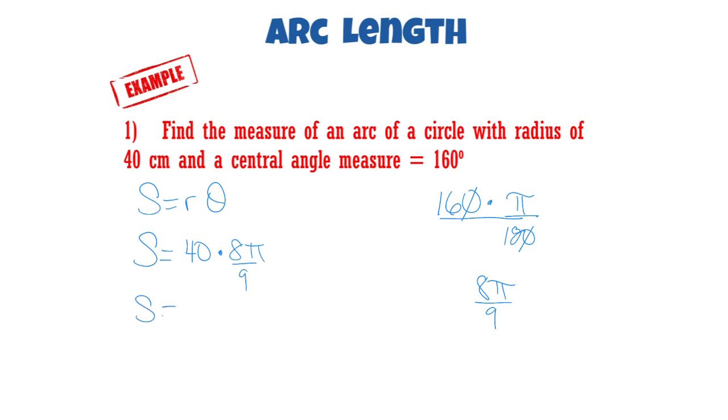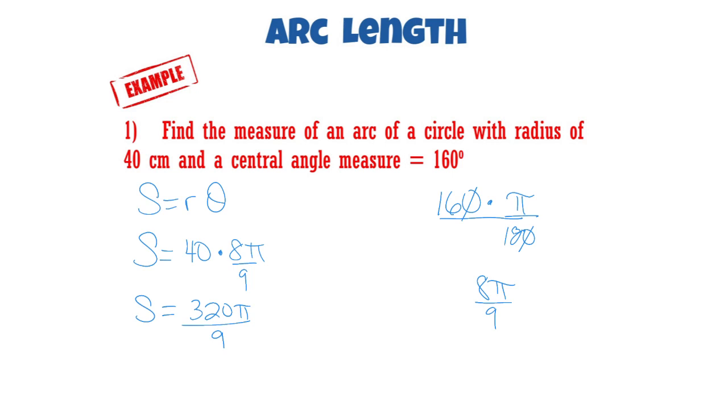Now, you'll have to pay attention to your directions. If they want you to leave it exact, then that's going to end up being 320 pi over 9, which is fine. Sometimes, though, we'll want to know what a decimal approximation would be for that.